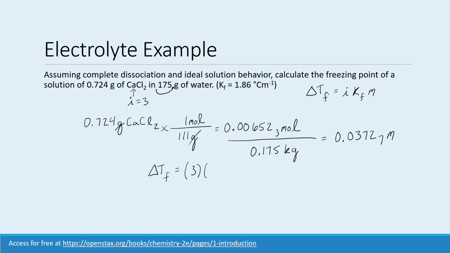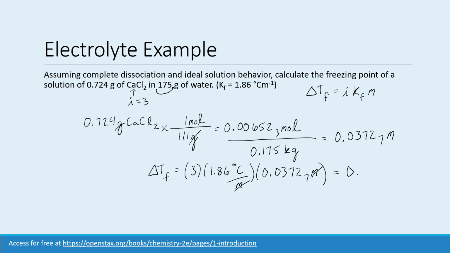So the change in temperature of the freezing point will be our i value of 3 times the K value of 1.86 degrees Celsius per molal, and then times the value that we just calculated, the 0.03727.